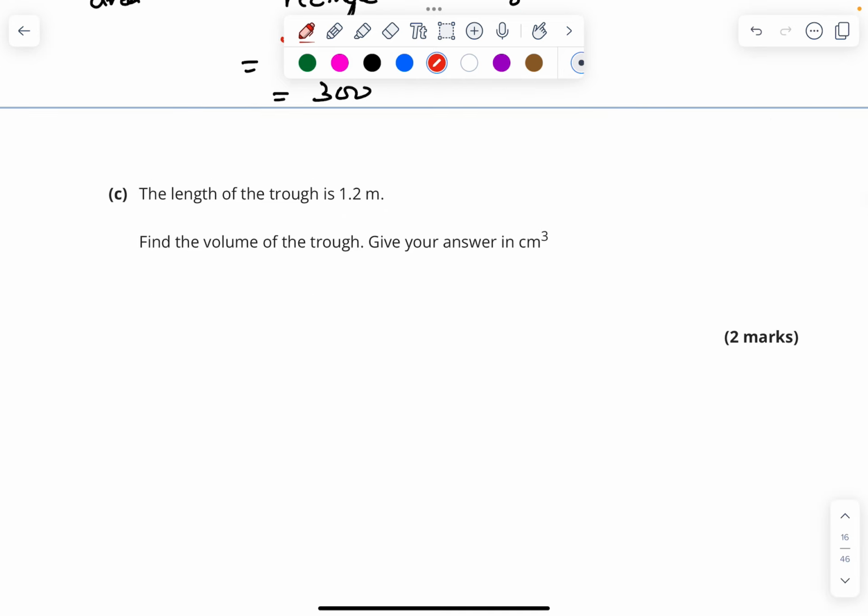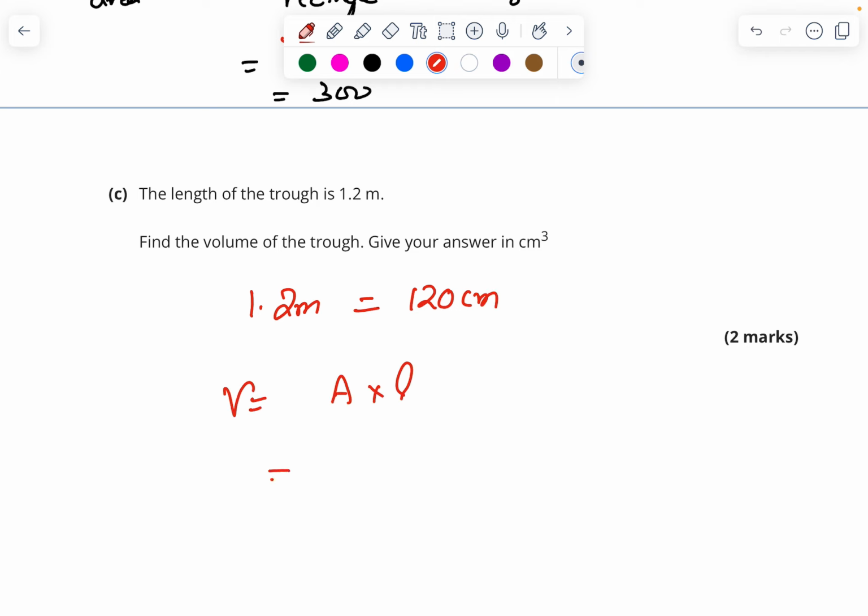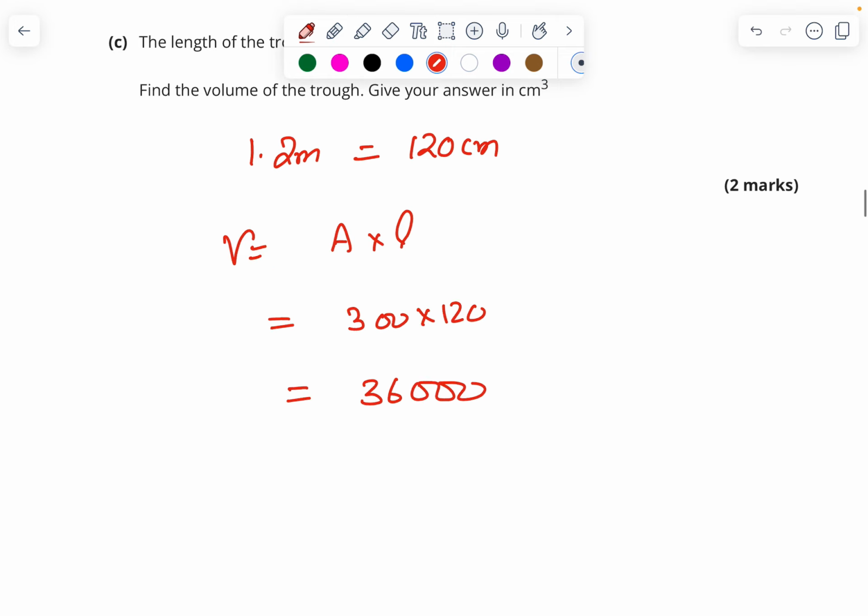The length of the trough is 1.2. Find the volume. So 1.2 meters is nothing but 120 centimeters. So volume equals to area times length, which is 300 times 120, which is going to be 36,000 centimeter cube. That's going to be the answer.